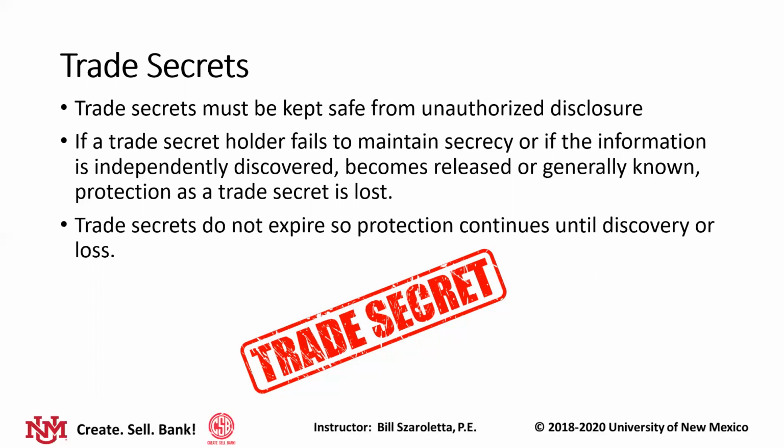But essentially, if you as the trade secret holder fail to maintain secrecy, or if the information is independently discovered without any use of unethical tactics, or if it becomes released in any way, the protection as a trade secret is lost. So it's very, very important that if you're going to do something like this, you make sure all the necessary precautions are in place. Again, trade secrets don't expire, so the protection continues until discovery or loss of the secret.